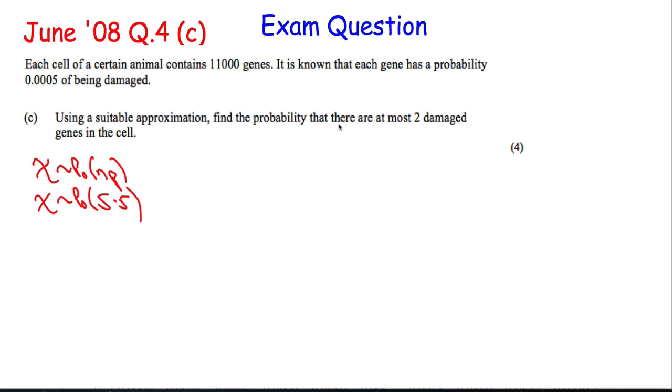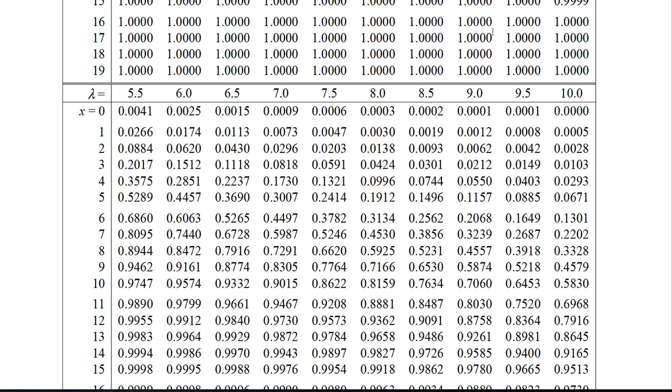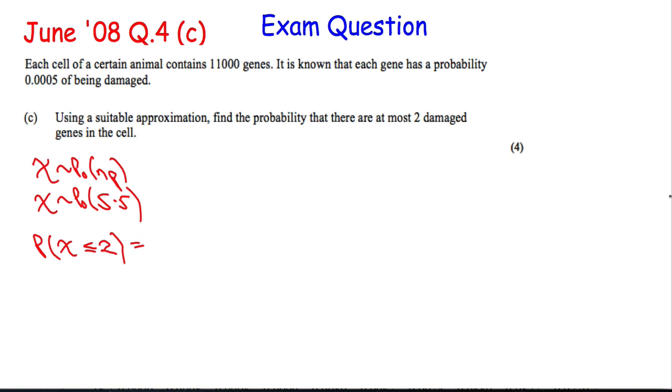So I want the probability that there are at most 2 damaged genes, so the probability that x is less than or equal to 2. Let's go to our tables here. Parameter 5.5, less than or equal to 2, which is 0.0884.